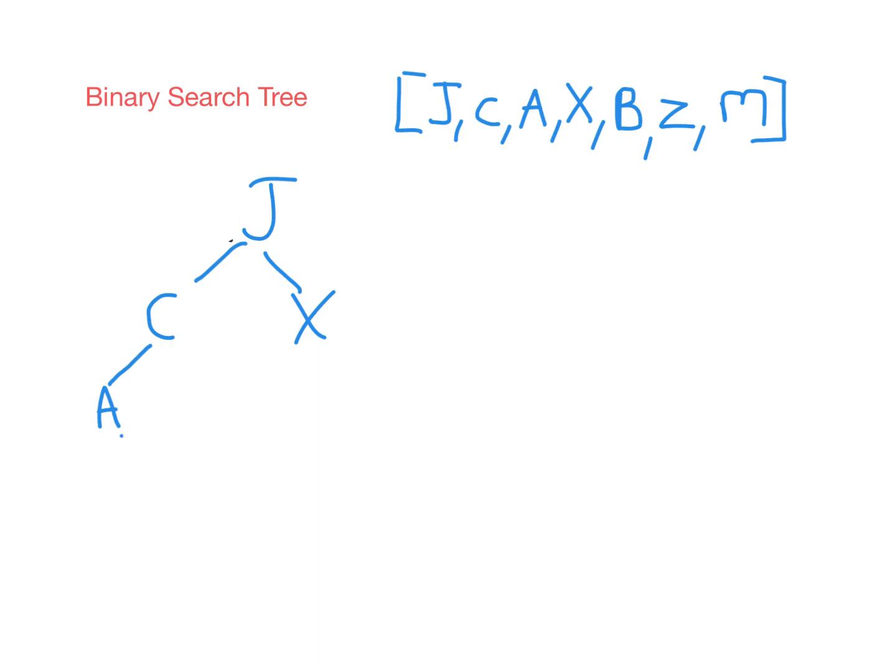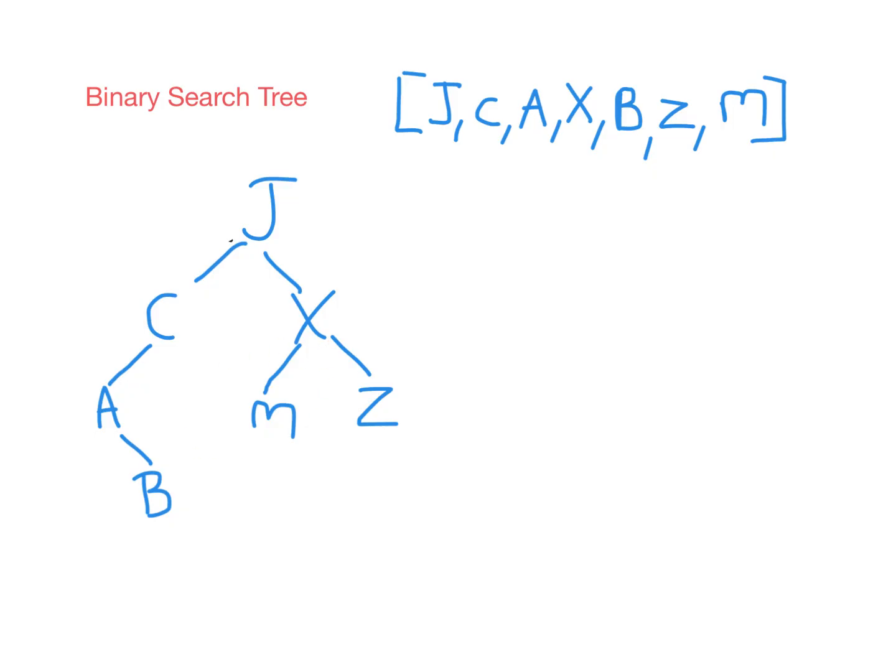B has a higher value than A, so it's the right child of A. Now let's look at Z. So Z will be over on the right. It has higher value than J. It has higher value than X, so it will be the right child of X. And now we want to put in M. So M has, again, a higher value than J, but it has a lower value than X. So it will go over here.